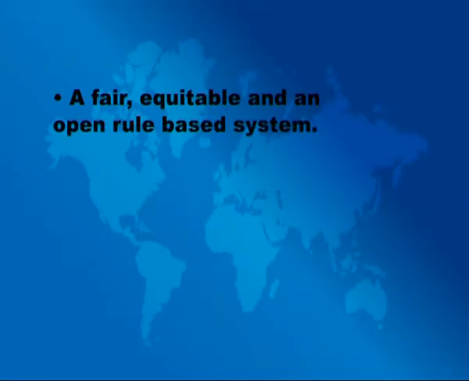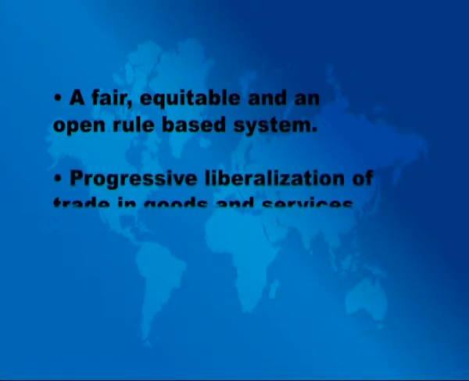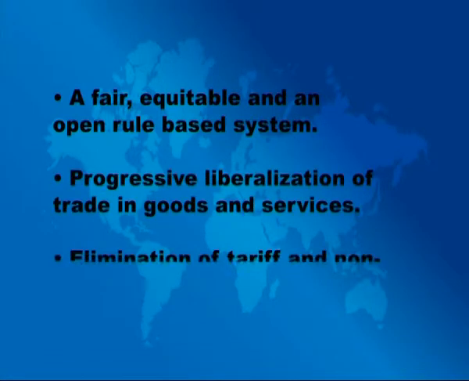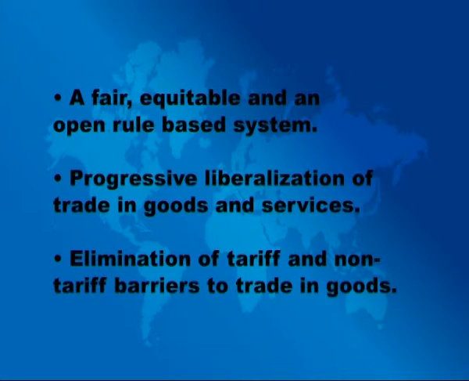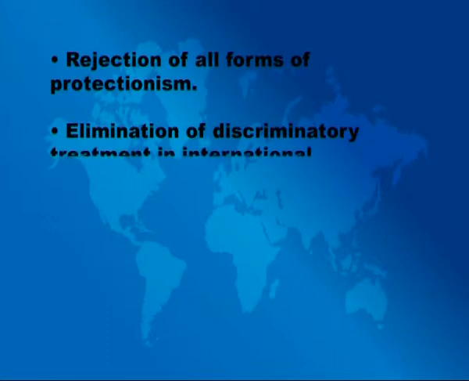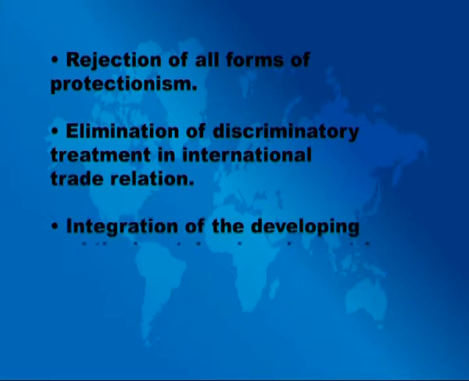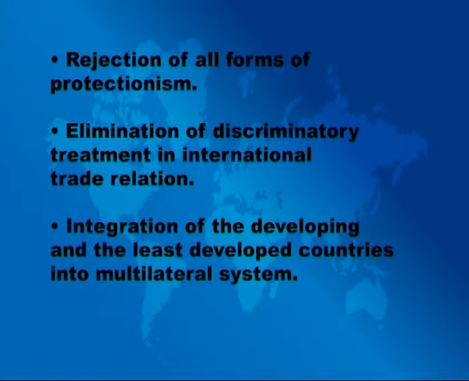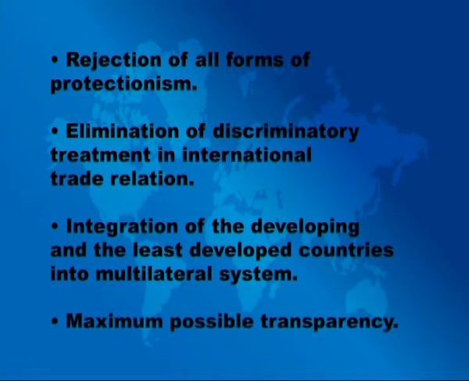Progressive liberalization of trade in goods and services, elimination of tariff and non-tariff barriers to trade in goods, rejection of all forms of protectionism, elimination of discriminatory treatment in international trade relations, and integration of developing and the least developed countries into a multilateral system, maximum possible transparency. However, this meeting was criticized as the developing countries were being marginalized in the decision-making process.